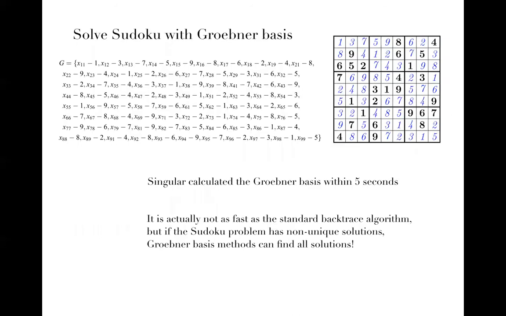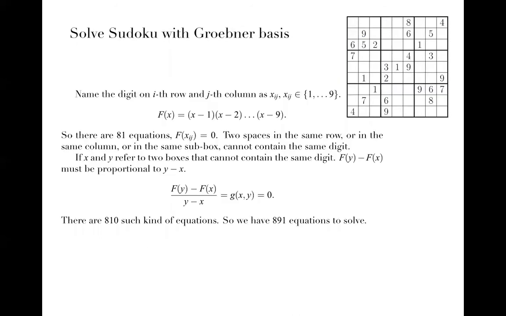There are many tricks to do it. The first trick you need to apply is just what Ben mentioned: you have to use a finite field instead of rational numbers. So here you want to use Z over p, where p is some prime number larger than 9.